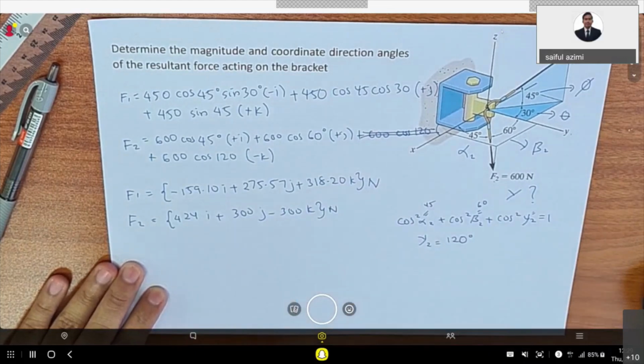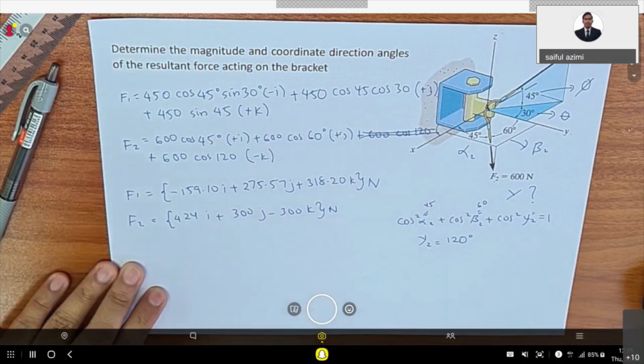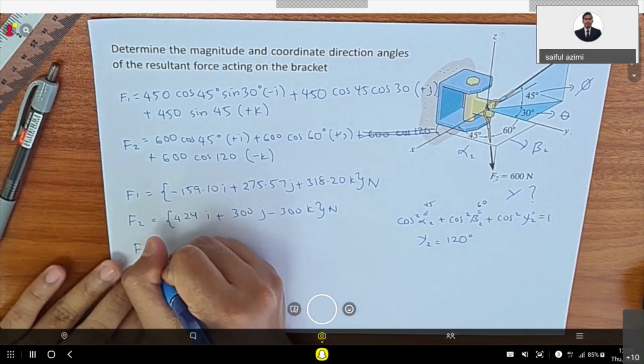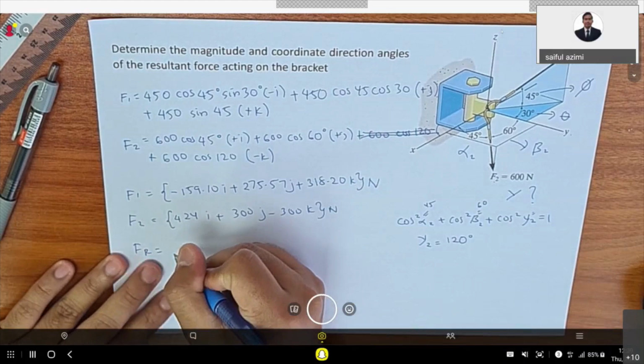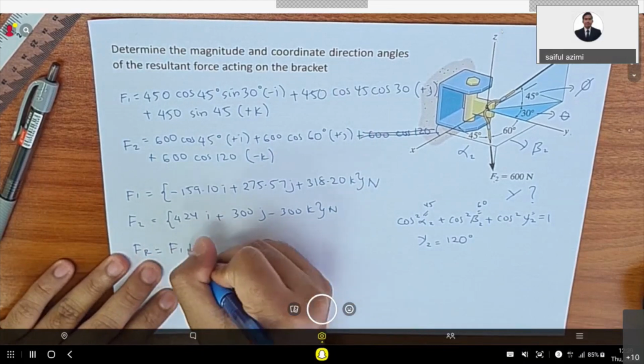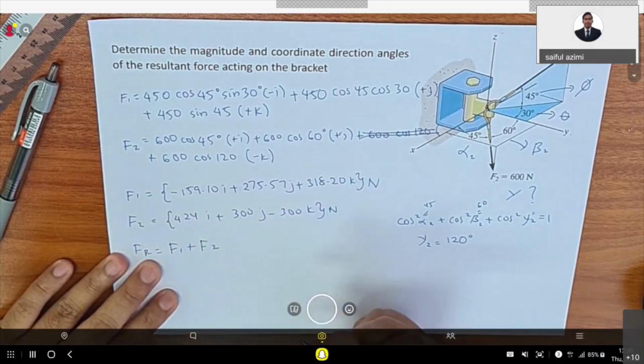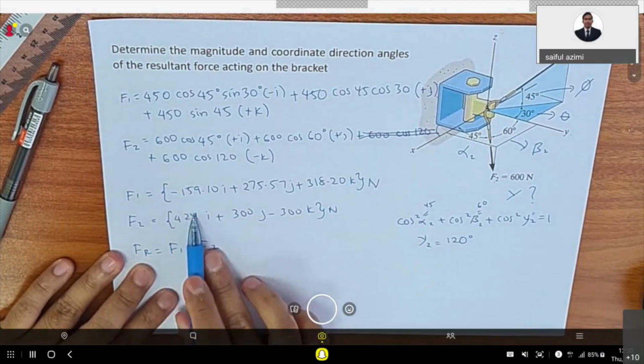If you want to find the magnitude, what you can do is simply Fr equals to F1 plus F2. So you add these two together first.